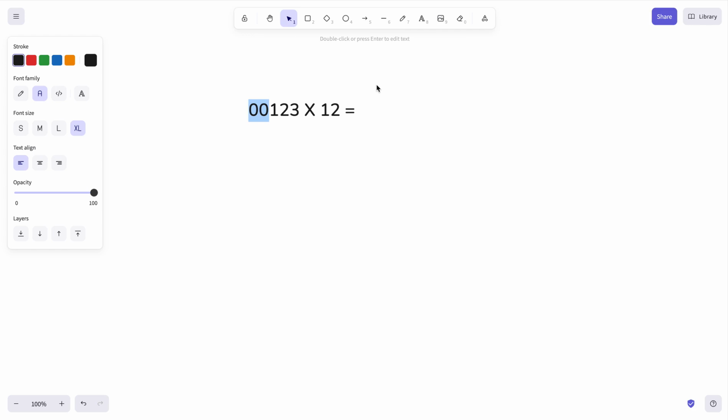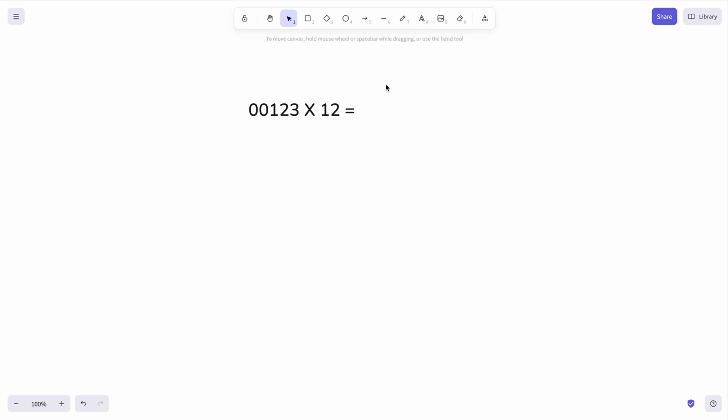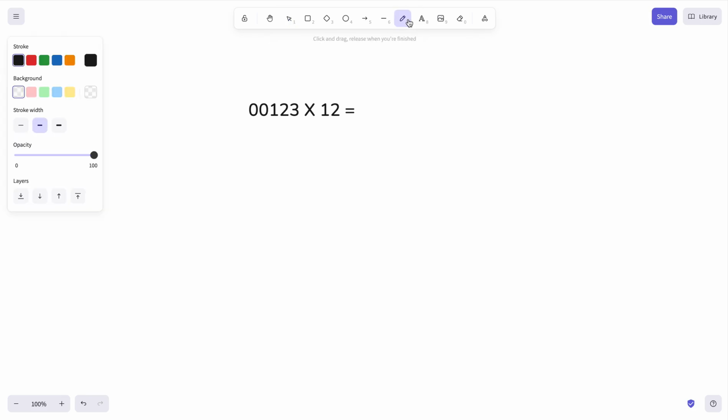Okay, now we begin. What we do is, first of all, we will take this unit place or the ones place, and multiply it with the ones place over here. Okay, so let's do that.